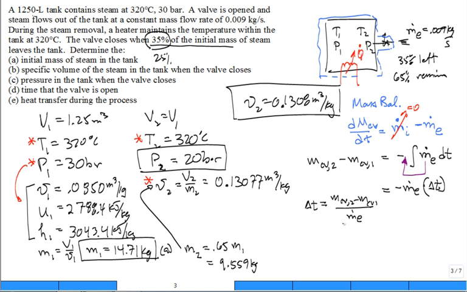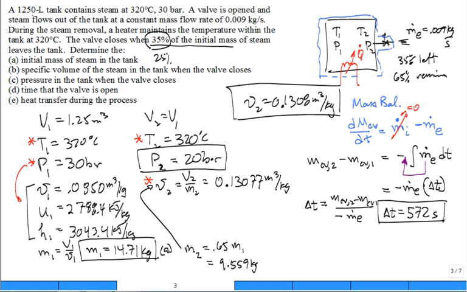And if you want, you put a minus sign there or switch the order in the numerator of this quotient. Okay, and we calculate that the time it's open comes in at 572 seconds. So it's open for about 9.5 minutes.